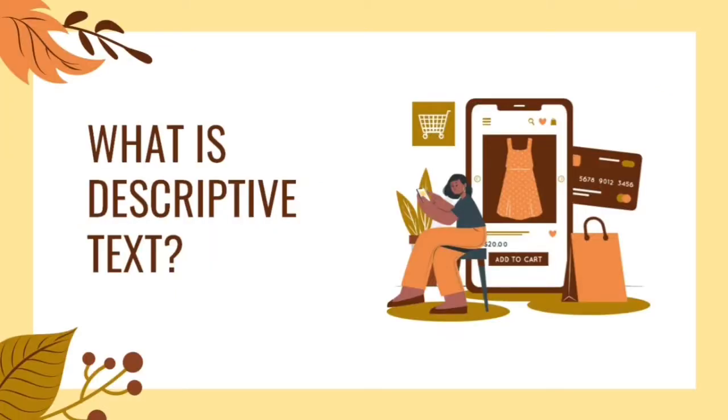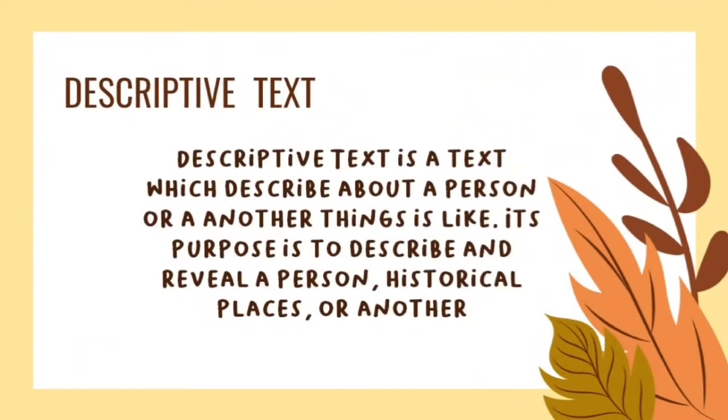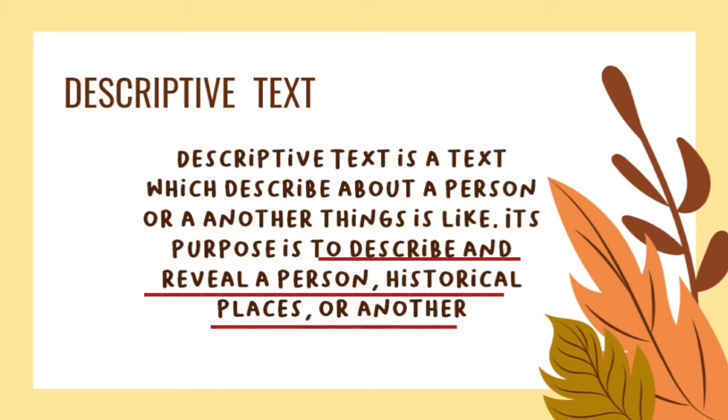So, what is descriptive text? Descriptive text is a text which describes persons, animals, places, or other things. Its purpose is to describe and reveal a person, animal, place, or other thing.